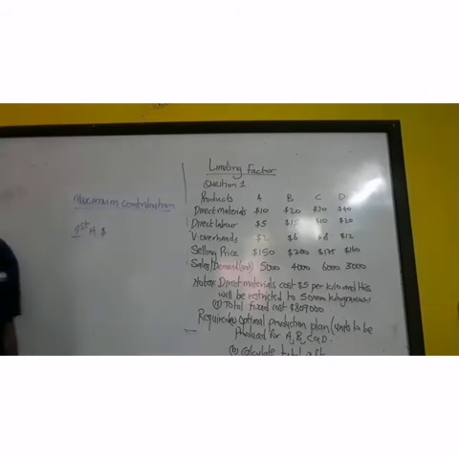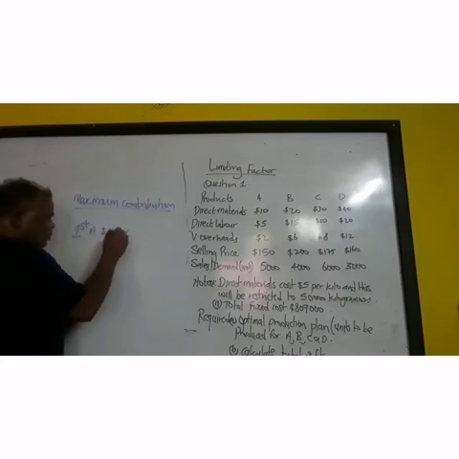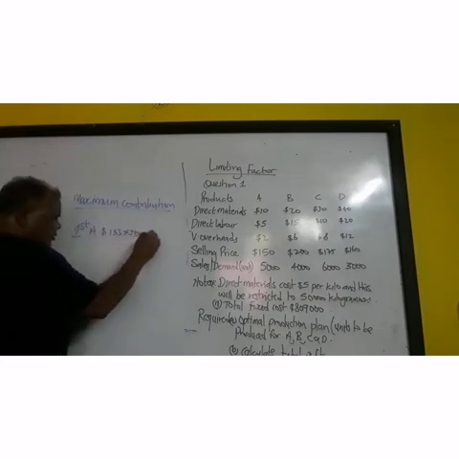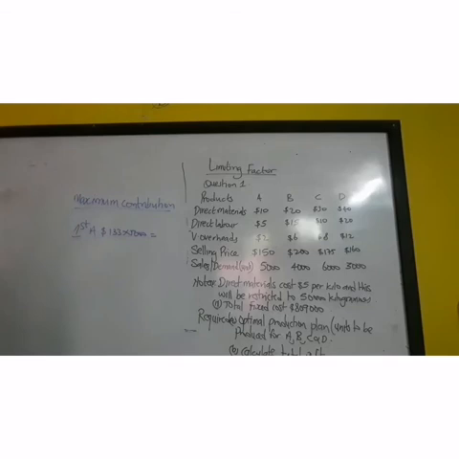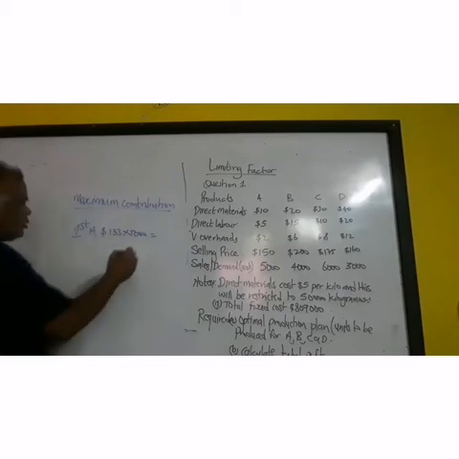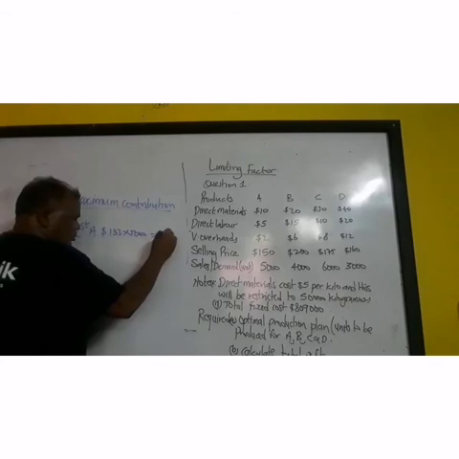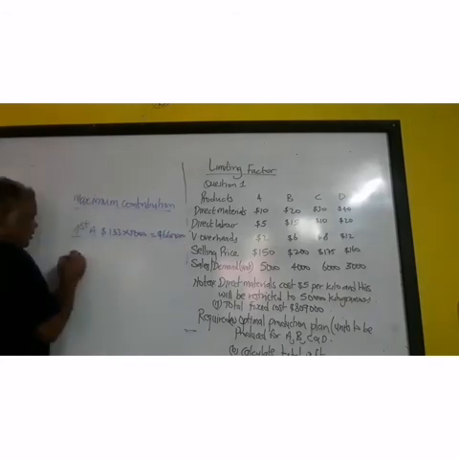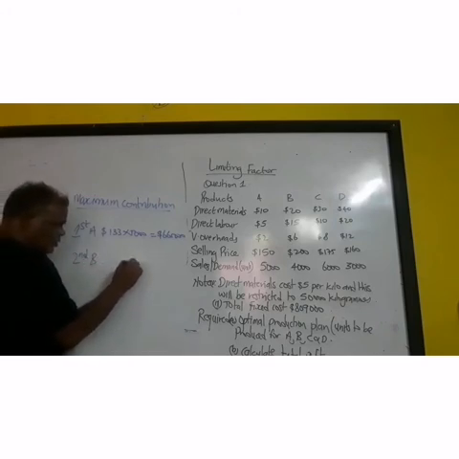We have already calculated 133 times units, 5,000 units. This will give us 665,000.